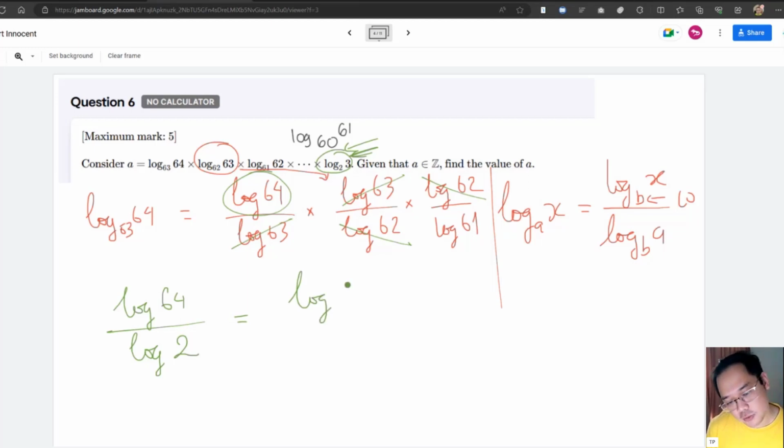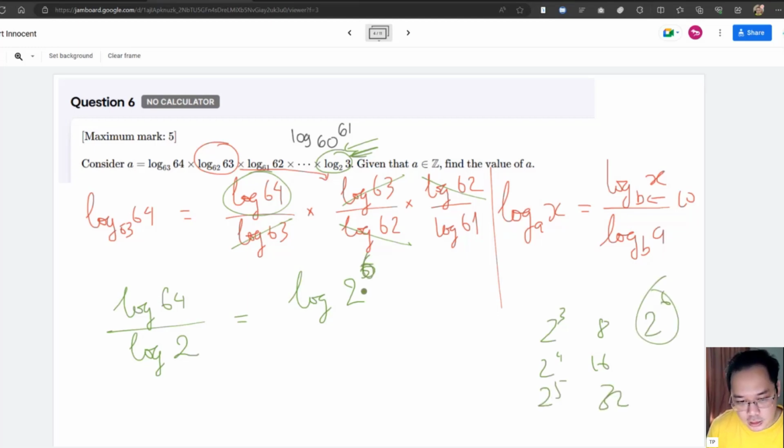Log of 64: what is the index of 2? 2 to the power 3 is 8, 2 to the power 4 is 16, 2 to the power 5 is 32, and 2 to the power 6 is 64. We can bring the power to the front, so that's 6 times log 2 over log 2. Therefore, the ratio is 6, and this is the final answer.